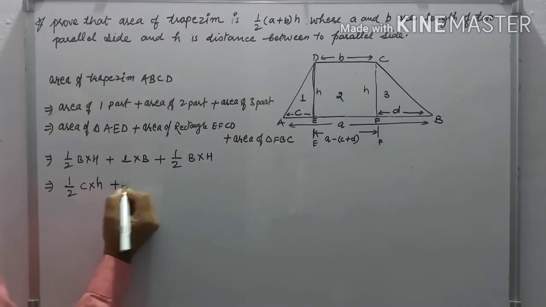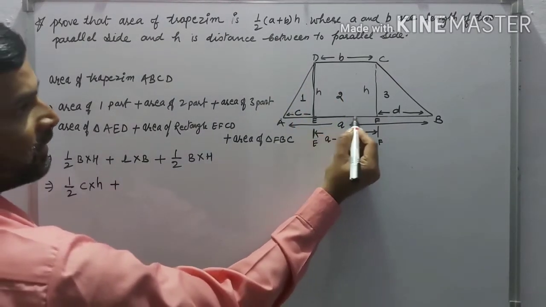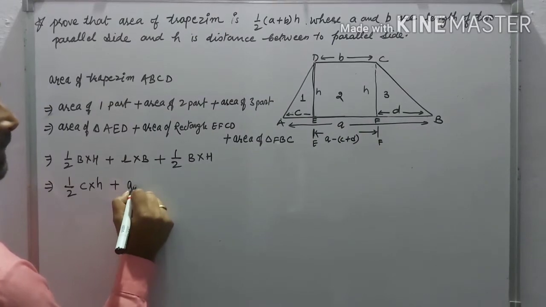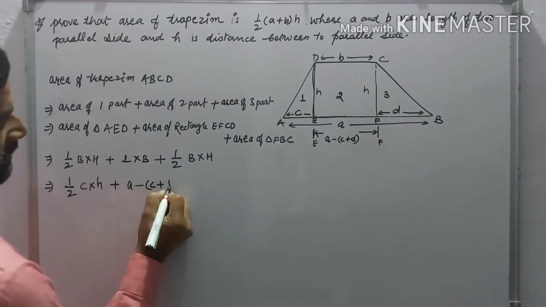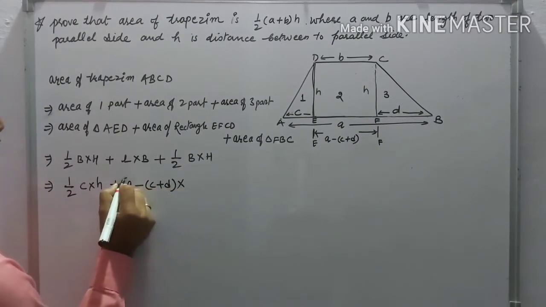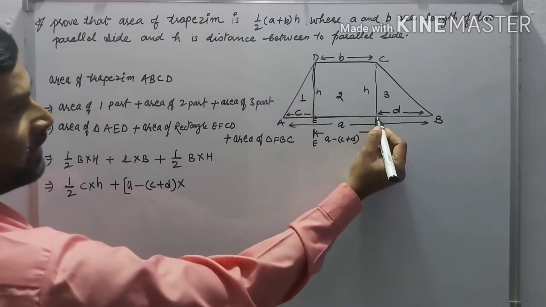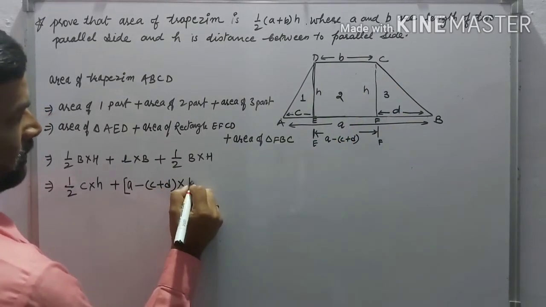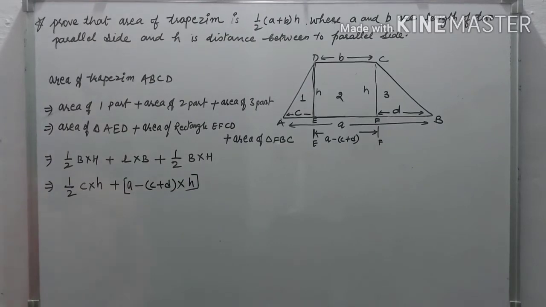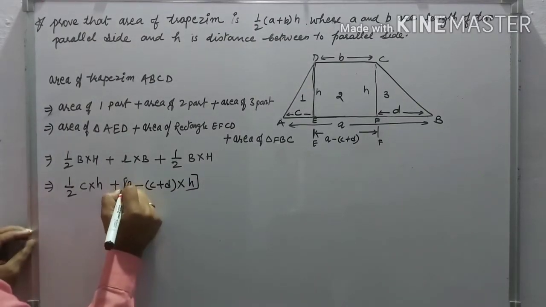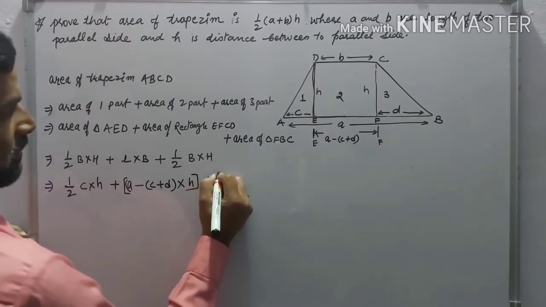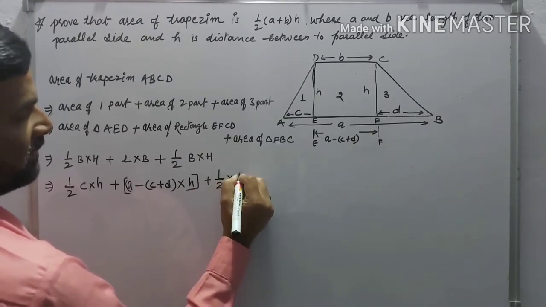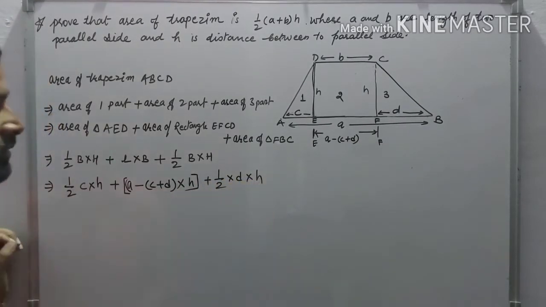Plus here the length is (a minus c minus d) into h, and plus 1 upon 2 base d into h.